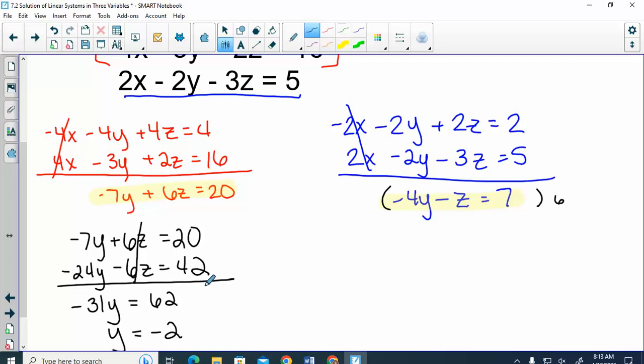So now I know my y. What would we do with that? Okay, so either of these equations highlighted in yellow, we can plug it in if I just go with the first. So -7 times -2 is 14, plus 6z equals 20.